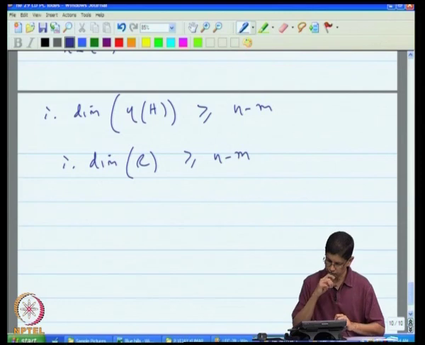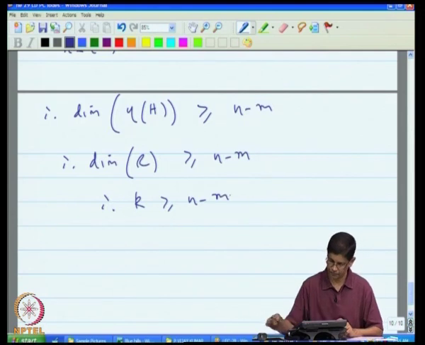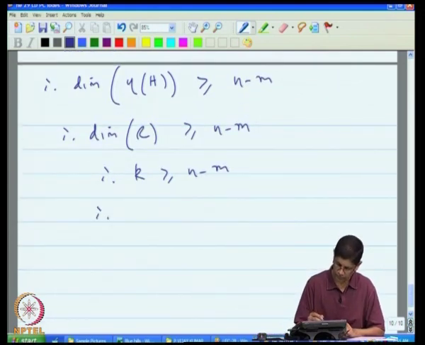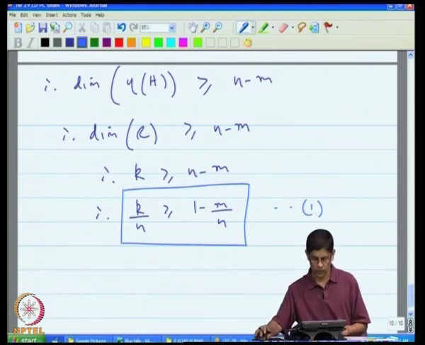Okay. Therefore, k is greater than or equal to n minus m. Now, if you are talking about the rate of the code, k by n is greater than or equal to 1 minus m by n. All right.